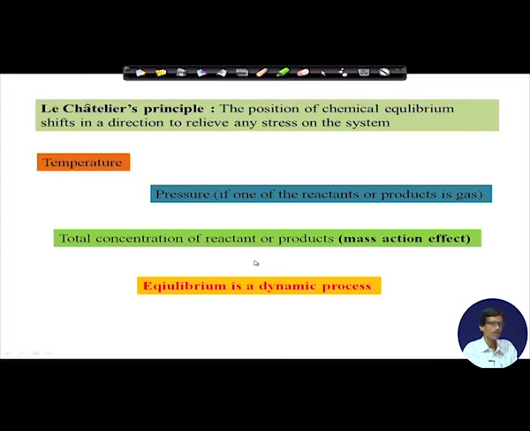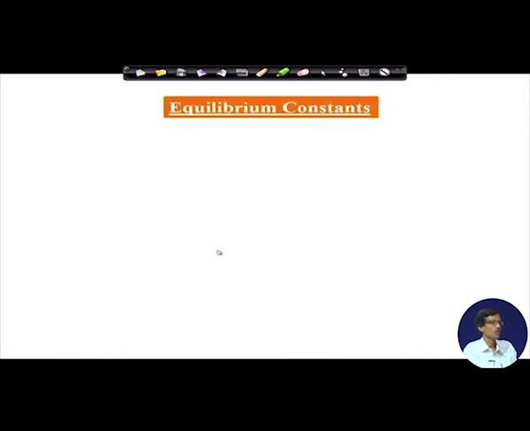That is why the Haber process, which is an industrial and economically viable process, is used for the production of ammonia, where both parameters, temperature and pressure, are applied, such that most of the hydrogen and nitrogen can be converted to ammonia.